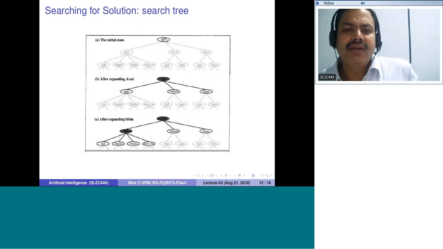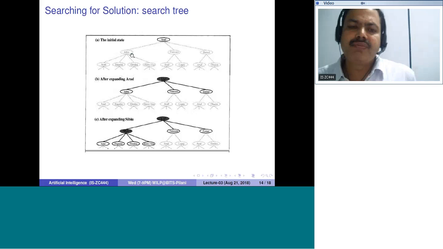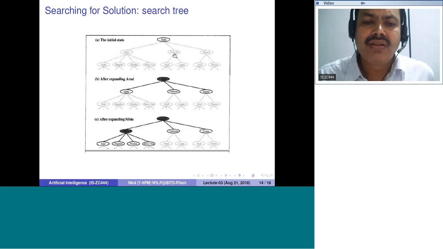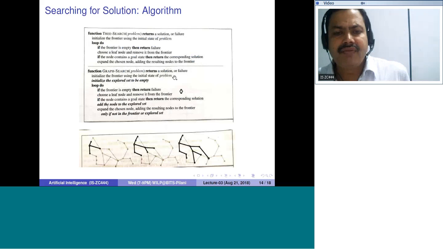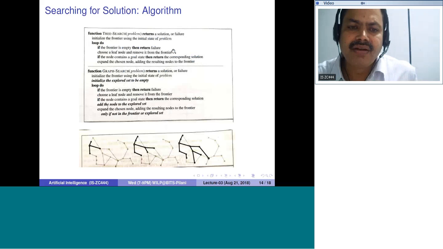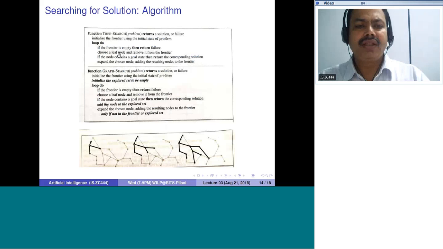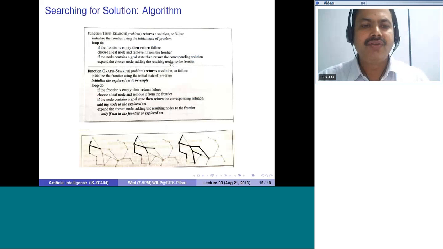In this example, initially Arad is there, but when you expanded it, you got Sibiu, Timisoara and Zerind, and you put these in. How you put them in is again a question. Then from Sibiu you put in the new places going into the frontier, and one by one the frontier is expanded: you take the first node from the frontier and execute the algorithm on it. If nothing is in the frontier, you have failed, because you cannot find any next path.